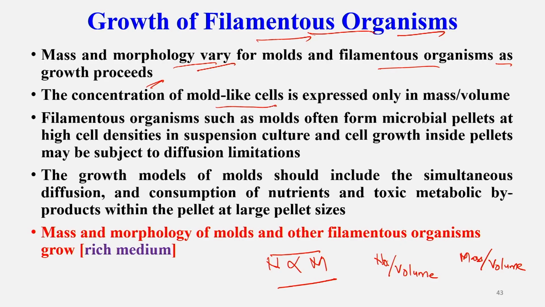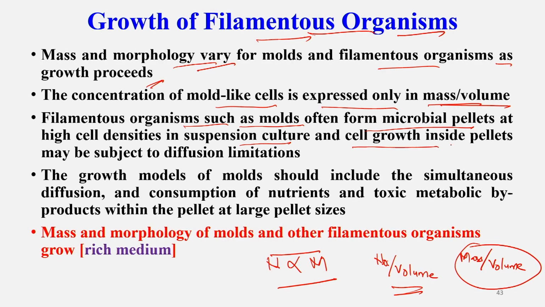The concentration of mold-like cells is expressed only in terms of mass per unit volume, not in terms of number per unit volume. And typically these organisms form microbial pellets at high cell density in suspension culture, and cell growth occurs inside this pellet.